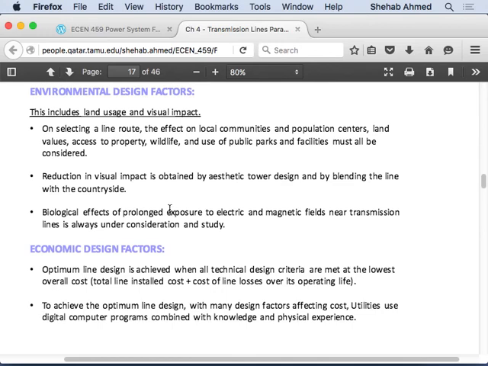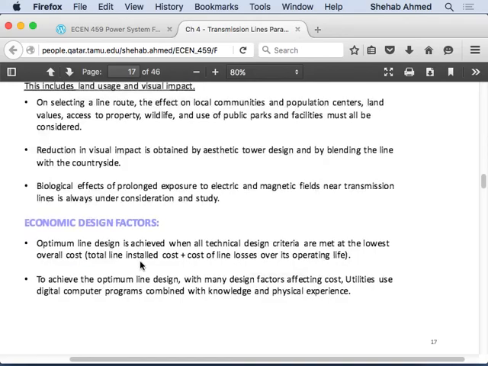So they will take a small right of way, pay you some money for it, but the land price around the transmission tower will not be as good as land price away from the transmission tower, right? So for obvious reasons, visual effects, people worried about the electromagnetic effects or the biological effects of the transmission tower on humans. So there is a lot of design, economic and environmental considerations that go along with transmission tower design.